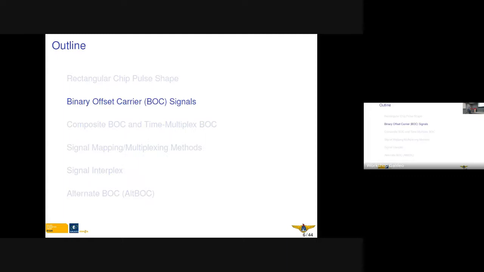The new open service of GPS, the L1C signal, uses time-multiplexed BOC signals. Galileo signals also use rectangular chip shapes on E5a and E5b, and then on the other frequencies they use binary offset carrier signals, and we will see now how they look.